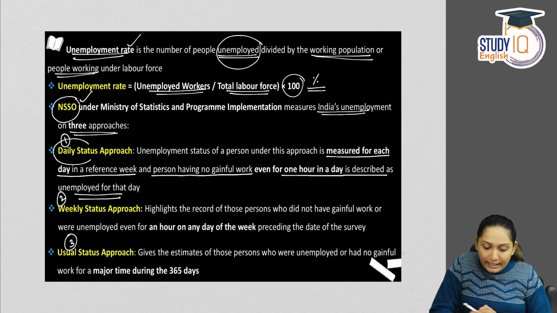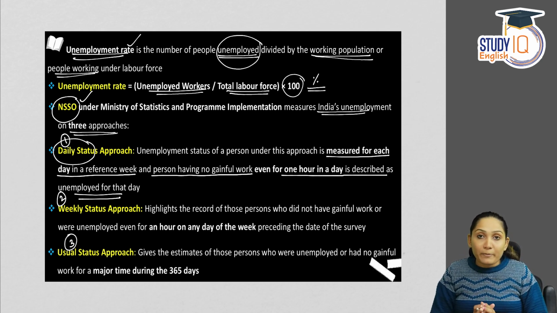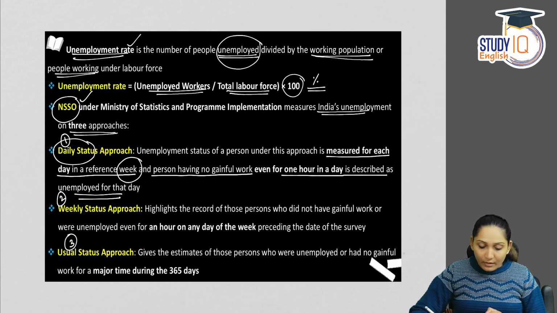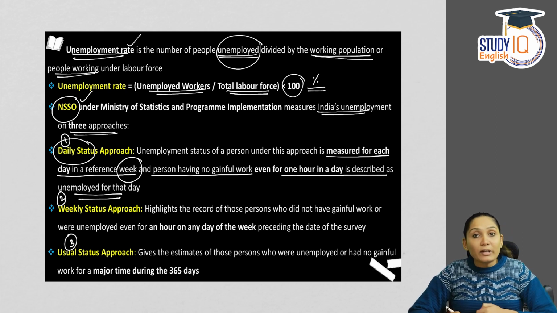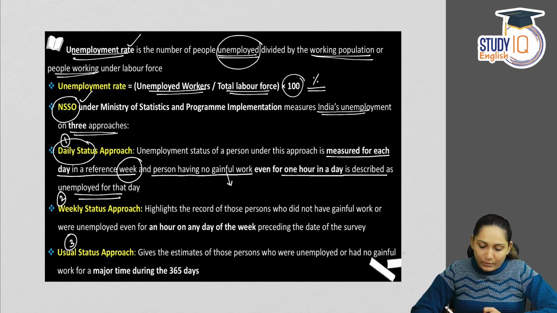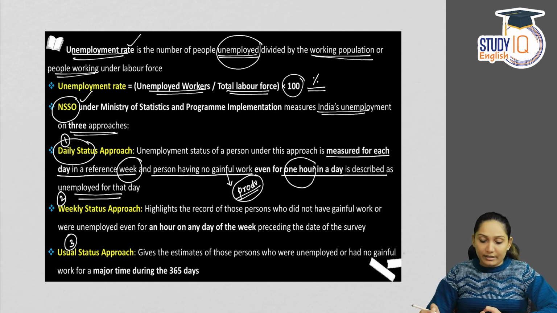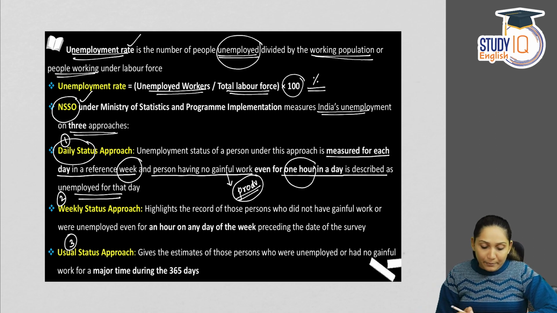So here under the daily status approach, the unemployment of a person is measured on a daily basis, which means that a reference week will be taken, a week for the purpose of reference, and in this week, if a person does not have gainful work, which means productive activity, if the person does not engage in a productive activity even for 1 hour in a day, then the person is considered as unemployed in the daily status approach.